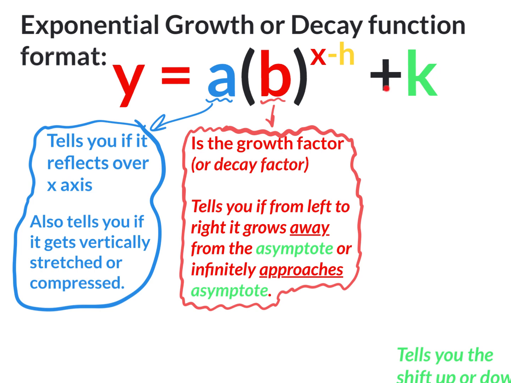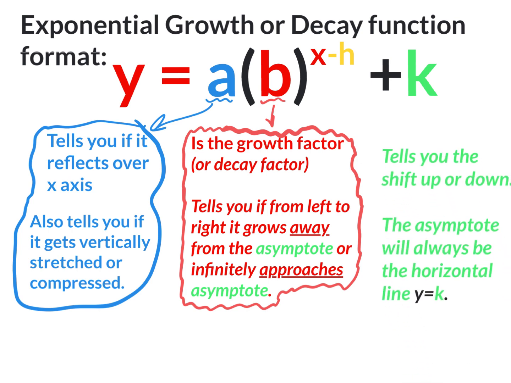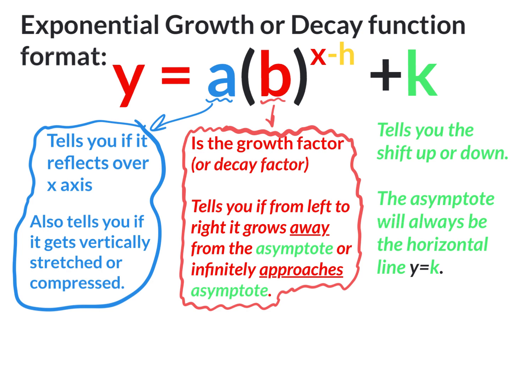And what about this k value, this plus 3 or this minus 3? What that does is it tells you whether your original graph shifts up or down according to that numeric value. Not only that, it also tells you the asymptote. What is the asymptote? It's that horizontal dotted line that your graph will infinitely approach but never actually touch.